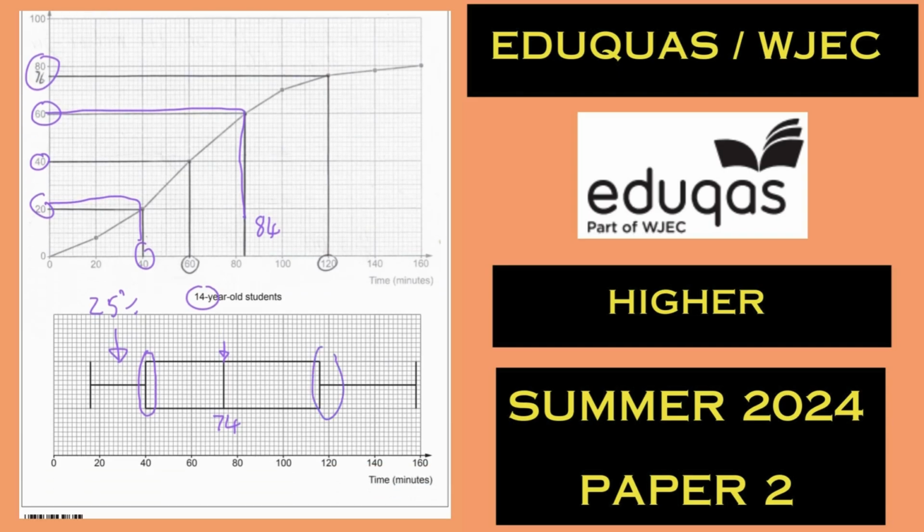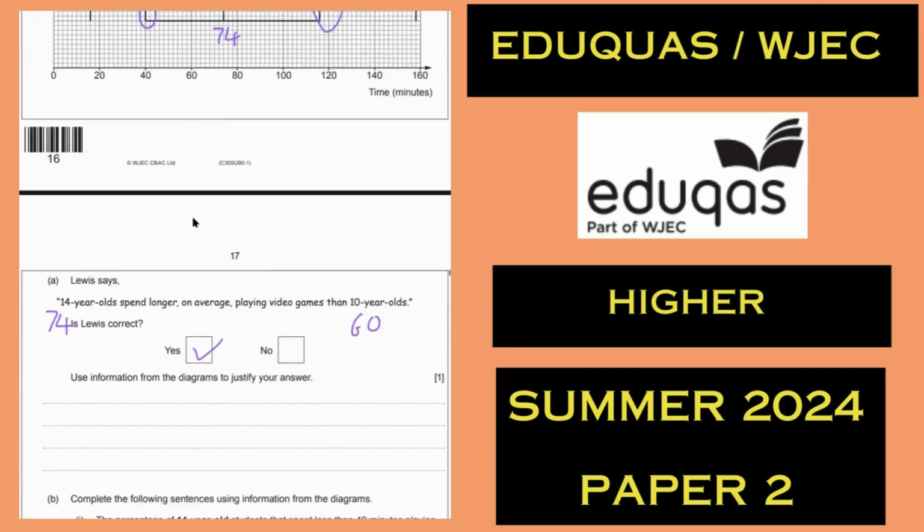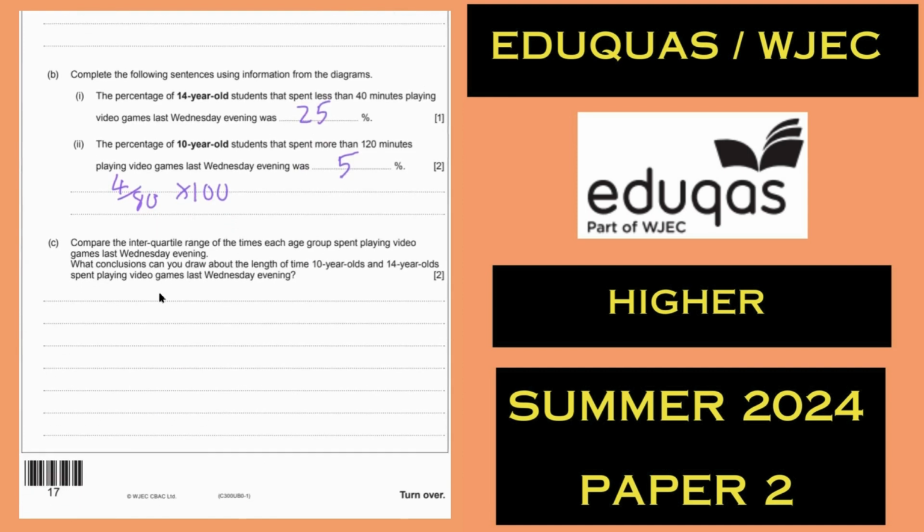You just need your upper quartile, which I read as 116. So there you go. Your interquartile range for 10-year-olds is 44. Your interquartile range for 14-year-olds is 76.